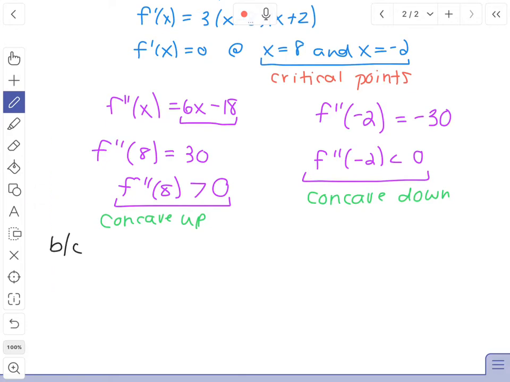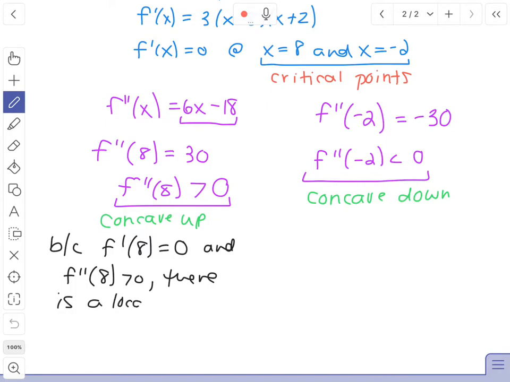Because we have a critical point at 8, so the first derivative was equal to 0, and we pair that with the fact that the second derivative at that critical point was a positive number, there must be a local minimum at the point 8, and whatever its output would be. And we can go plug that in if we really needed to find it.